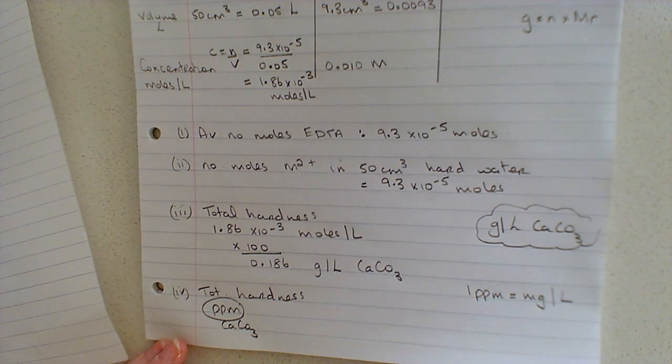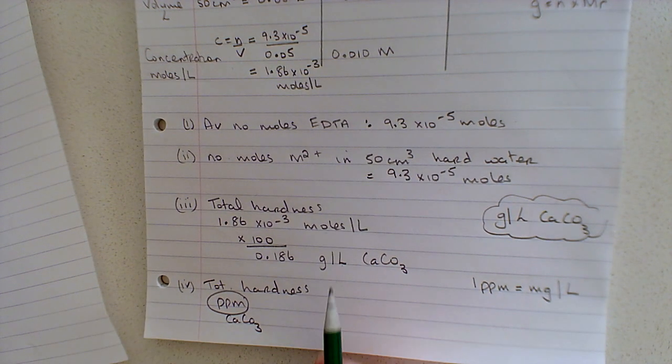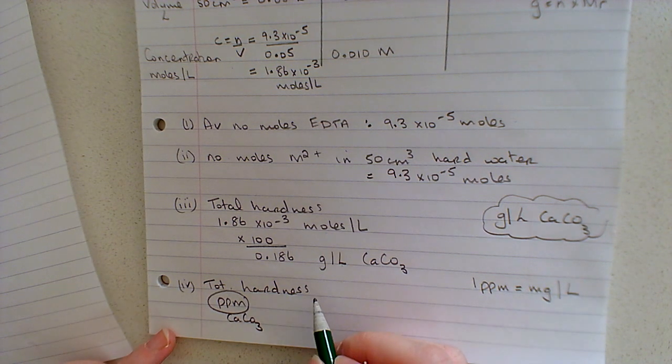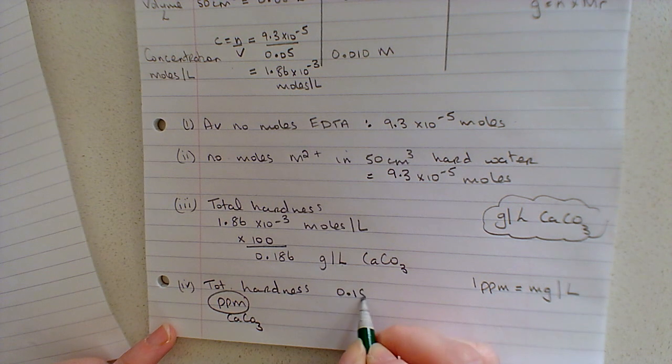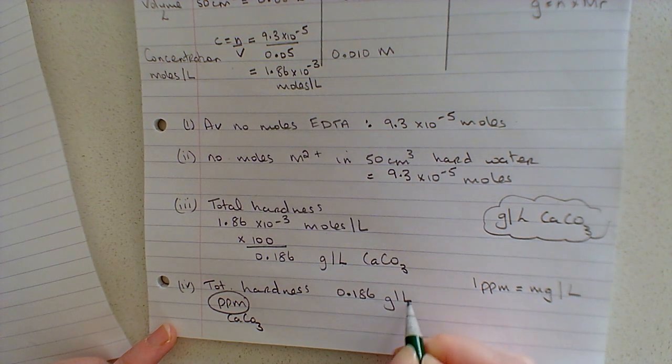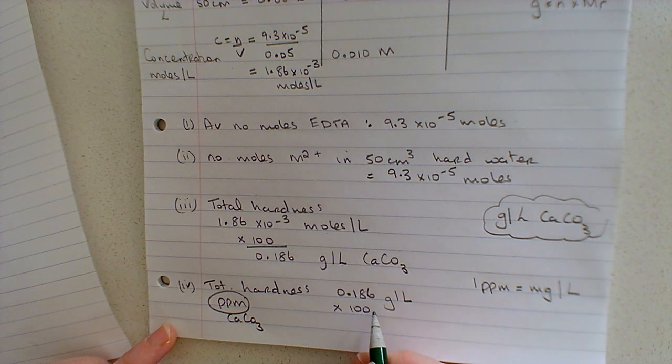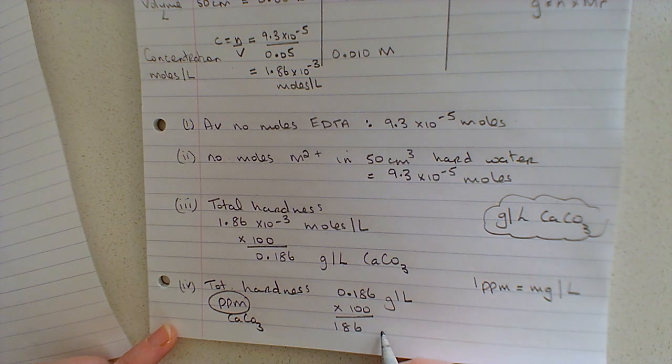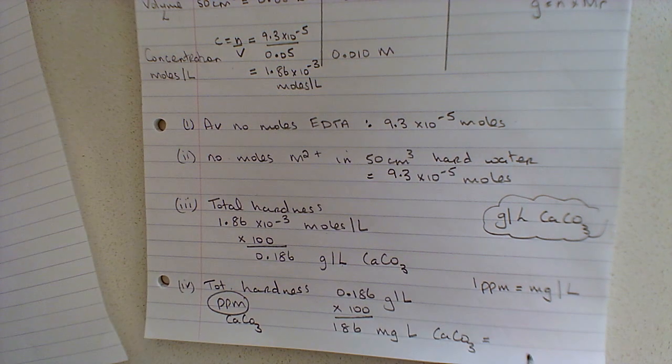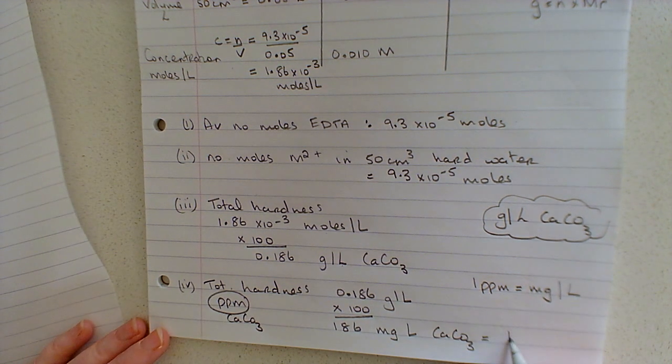So I simply need to convert grams per litre into milligrams per litre, and there are 1000 milligrams per gram. So let's take our 0.186 grams per litre and multiply that by 1000, and we will have 186 milligrams per litre of calcium carbonate, which is 186 ppm.